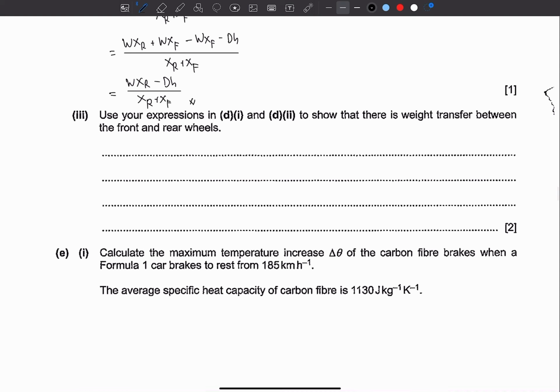For the next part, use your expressions in D part 1 and D part 2 to show that there is a weight transfer between the front and rear wheels.